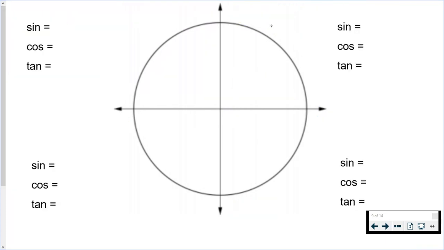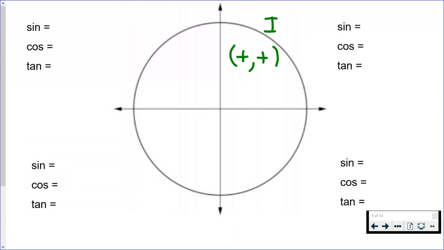So remember, this is quadrant 1 up here. That's where I'm going to start. Sine is my y value. Cosine is my x value. So think about if you have a point somewhere here in quadrant 1, I went to the right and I also went up. So going to the right would be a positive x value, going up would be a positive y value.